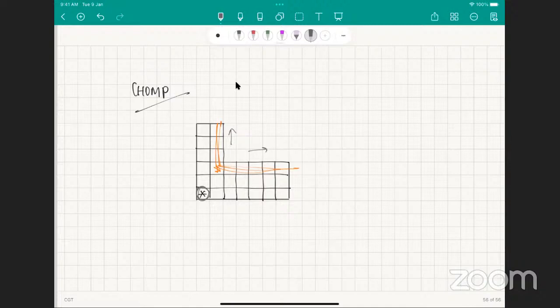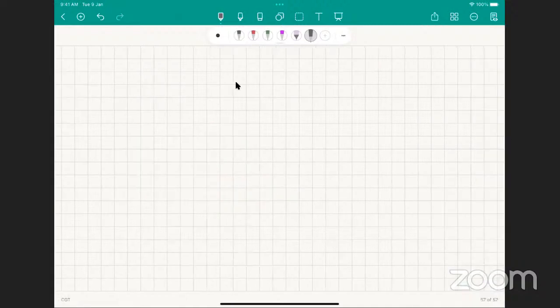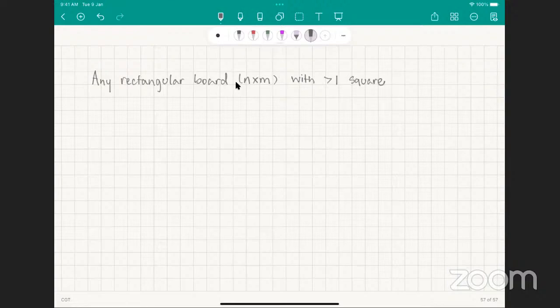And here is the claim that we want to make about jump. If you're starting with a rectangular board with more than one square, that's a reasonable assumption, because if you just have the one square, that's like starting nim with an empty heap, for example.